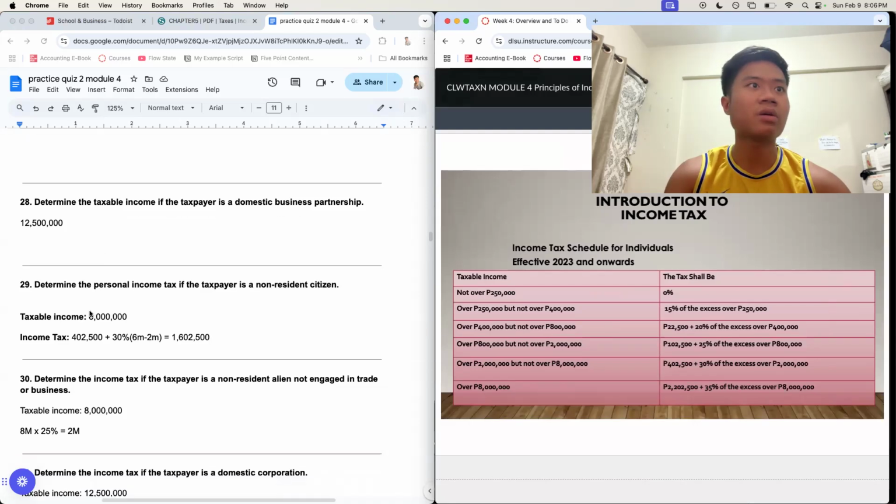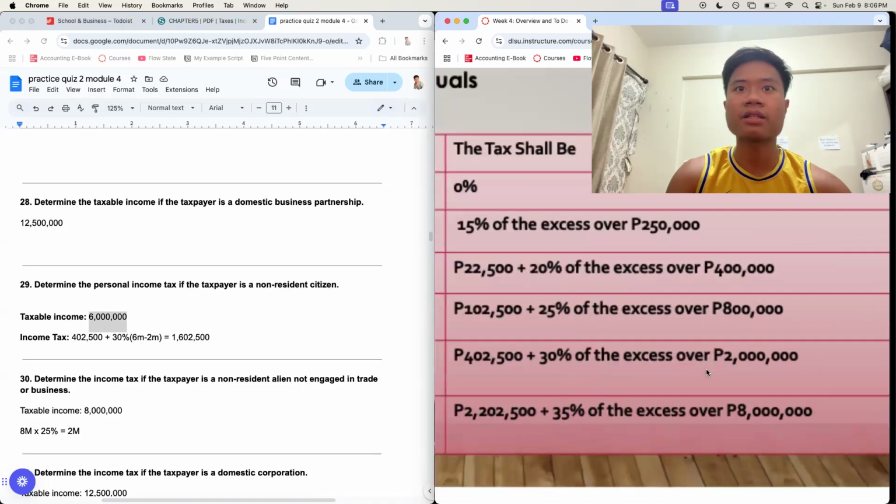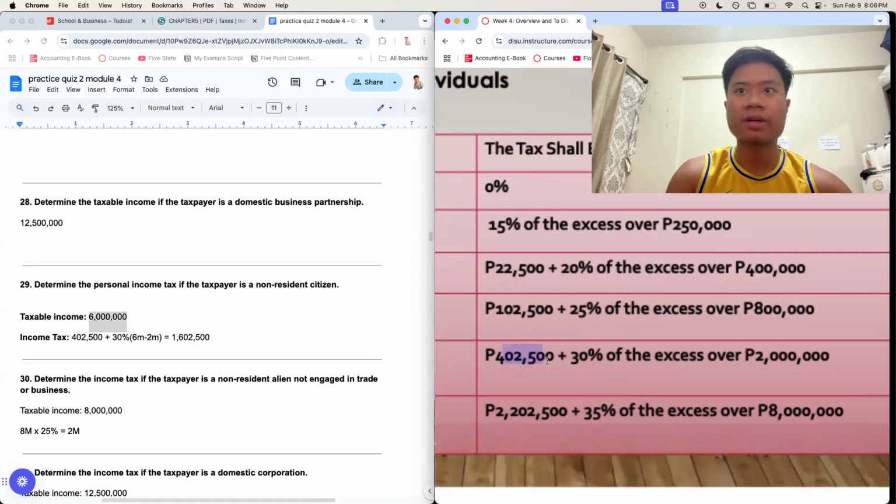First, we want to see how much our taxable income is and which row it is part of. 6 million is a part of this row right here, over 2 million, but not over 8 million. So we must look to the right here and see how to do it. If we see here, it says 402,500 pesos plus 30% of the excess over 2 million.